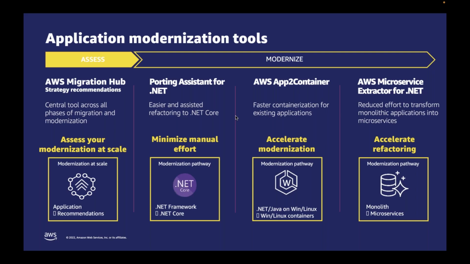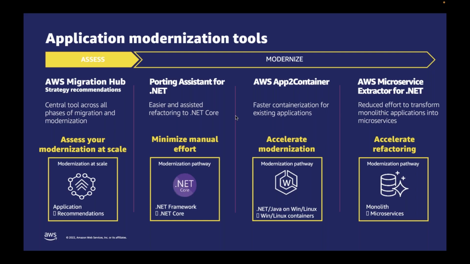Next, AWS also provides AWS App2Container. We recognize that not every application is ready to get refactored and moved to .NET Core. And sometimes customers don't have access to the source code for the application, and that's more specifically true for applications that you have acquired from an ISV vendor or a COTS vendor.